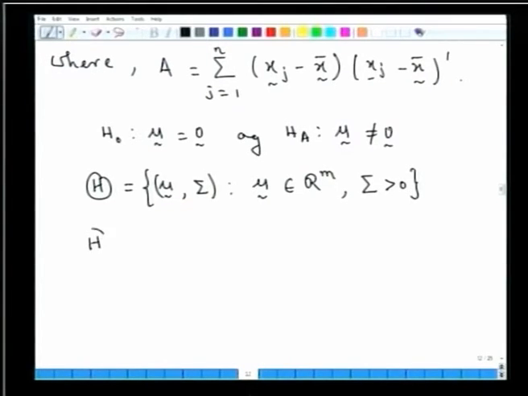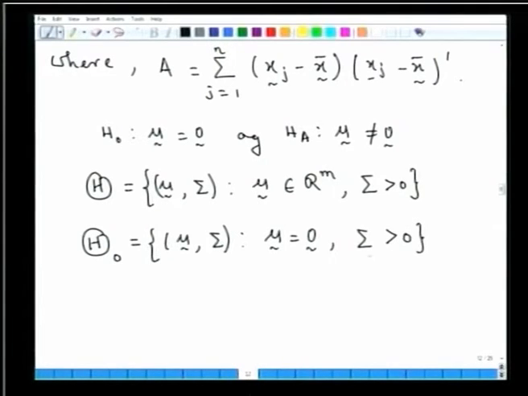And then we also look at script theta naught, which is the parameter space under the null hypothesis. The parameter space script theta naught under the null hypothesis H naught is going to be given by the set of all mu and sigmas such that mu is fixed at the null vector point and sigma is allowed to be any positive definite matrix. Now under these two parameter spaces, the likelihood ratio is defined in the following way as usual.